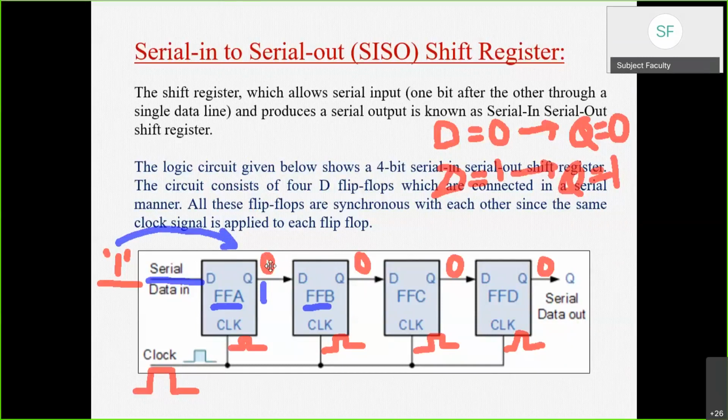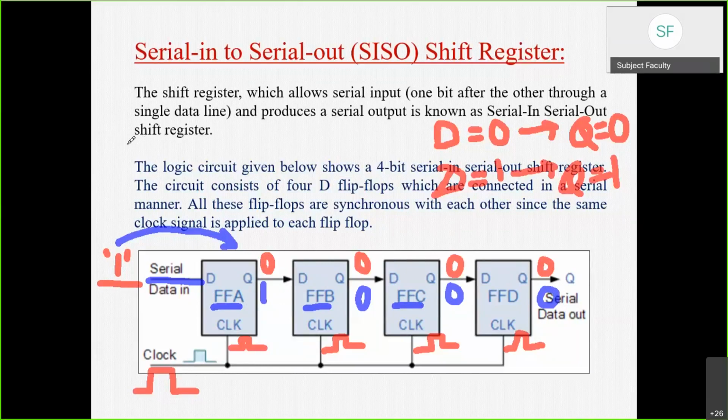It is nothing but the output of the first flip-flop, that is 0. So now its output will be 0. Similarly, what was the input to flip-flop C? It was this 0. So the output you are getting is 0, and finally you are getting 0 again. Initially our sequence was 0 0 0 0, then we are simply transferring a single bit. What will happen? 1 0 0 0.